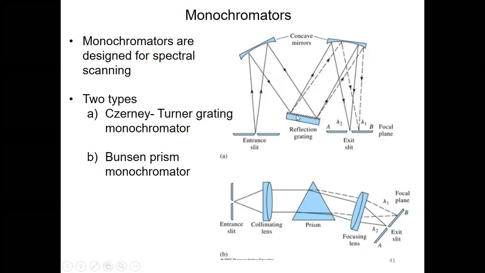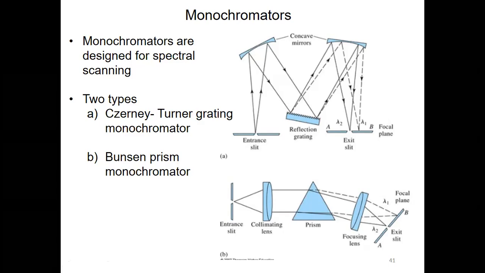I will show you a much zoomed-in picture of this reflection grating later. The parallel beam hits the reflection grating, and again it reflects to another concave mirror. We call them collimating mirrors also.